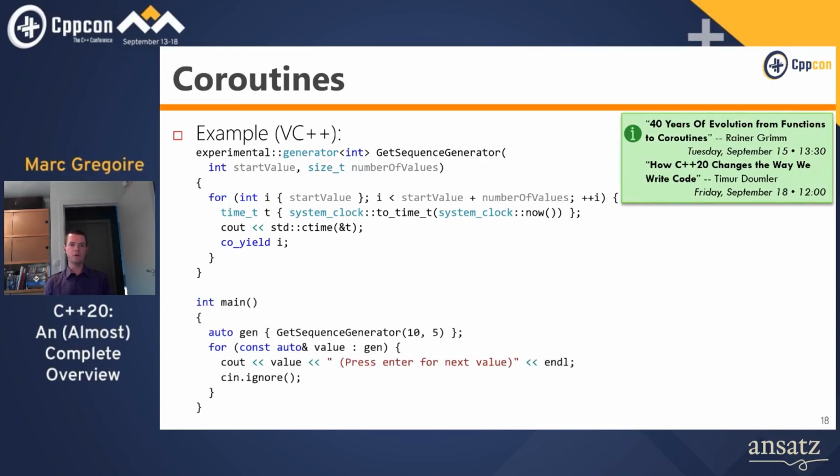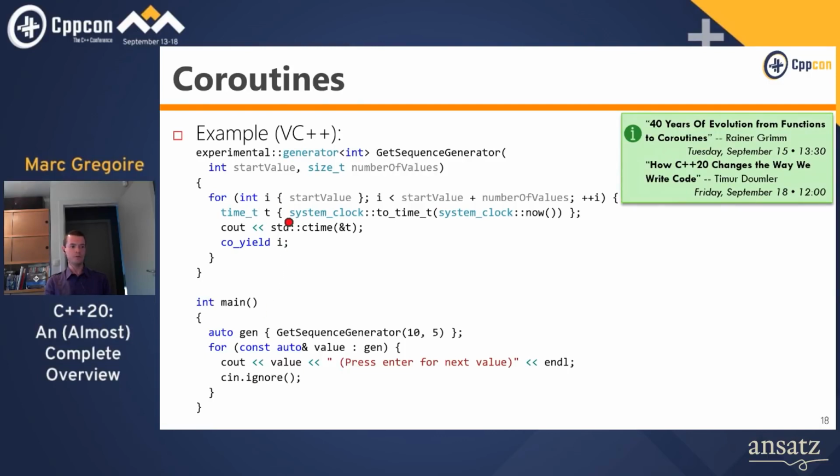In main, we just call our coroutine, which returns you the generator, and then main iterates over the values produced by the generator. On each iteration, it outputs the value given by the generator and then waits for the user to press enter.